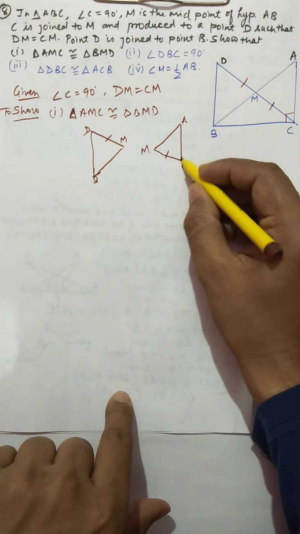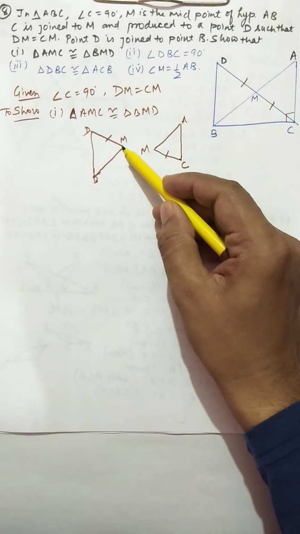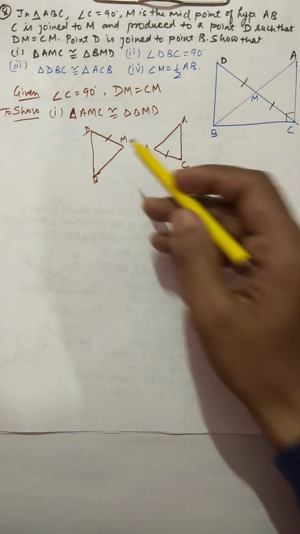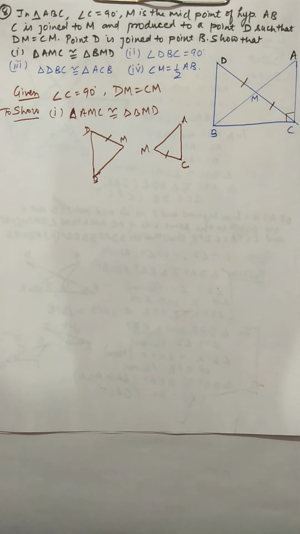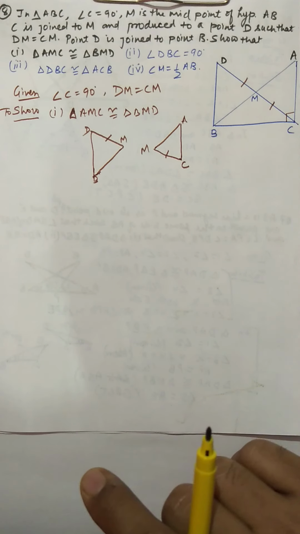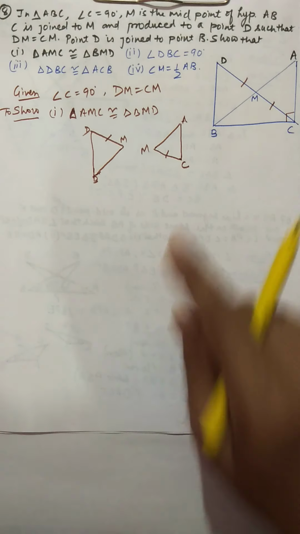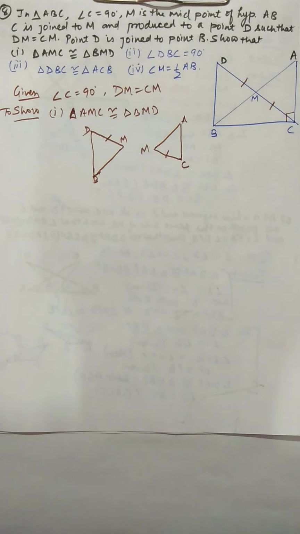Now if you have to show that these two are congruent, then you can use one more criterion: if you mark this as an angle and this as an angle, they are vertically opposite angles, so you will get one angle. Now one more thing you have to see is what to use so that both become congruent.